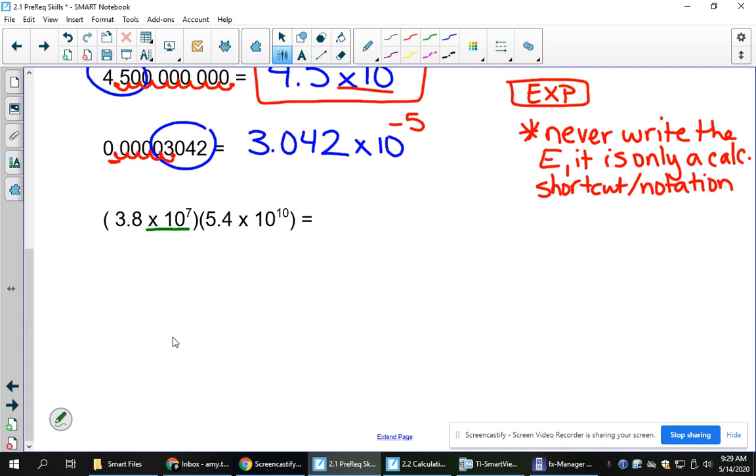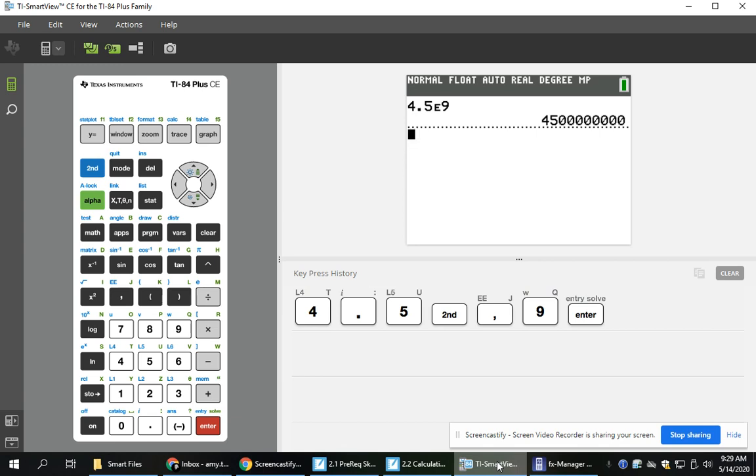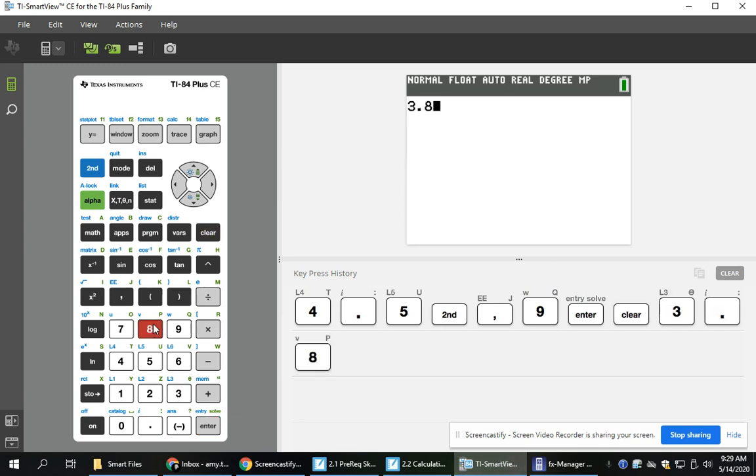I can, and I can make it work that way, but it's way more calculator buttons. Okay, if we have a shortcut, let's use it. So 3.8 times 10 to the 7 is going to look like this. 3.8. I need my E, so I need to go second comma. Then I put my exponent, which is 7.